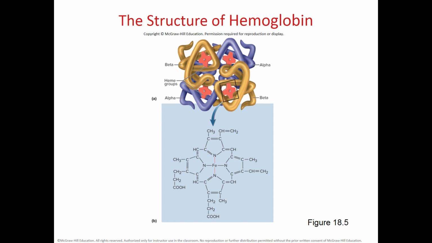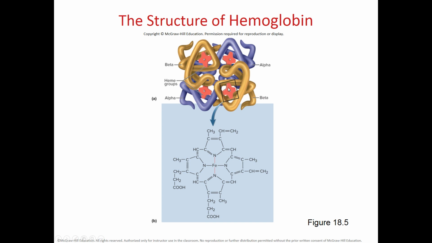So this is the figure showing you the components of hemoglobin. Here you have in purple color the alpha chains, alpha 1 and alpha 2, and you have in gold color the beta 1 and beta 2 globins, and in the center of these globin molecules, in red color, you have the heme groups.